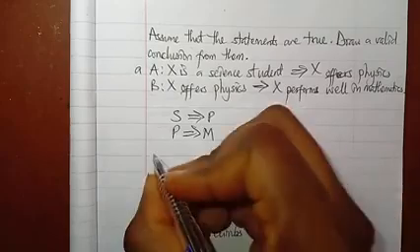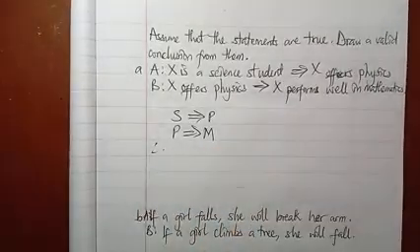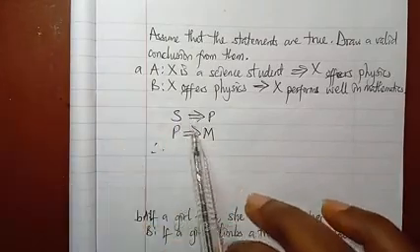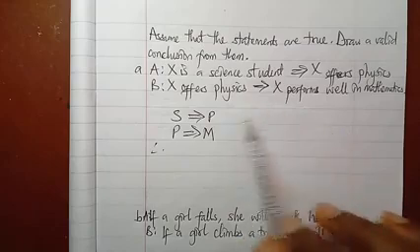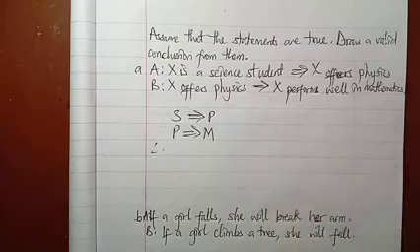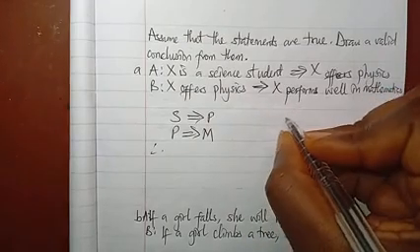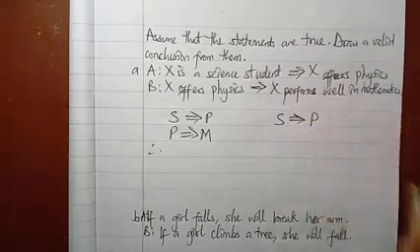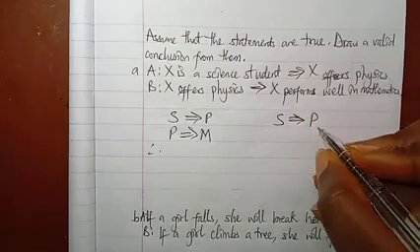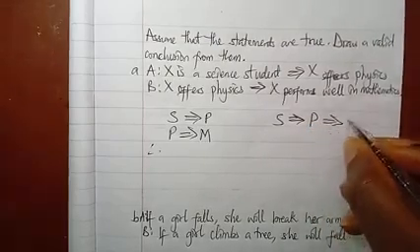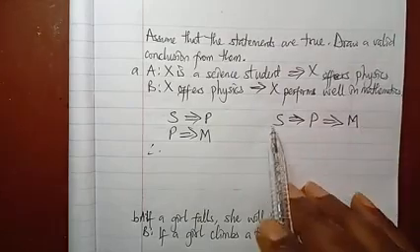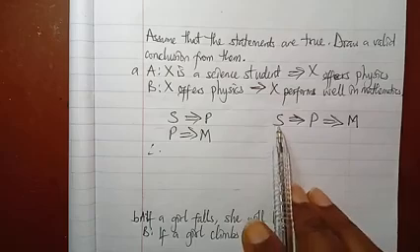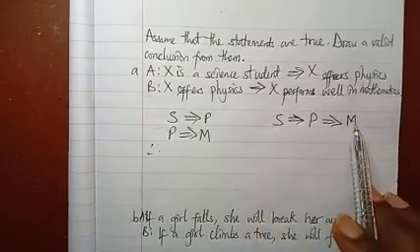We've been told to say, therefore, what do we now conclude? Let's have our chain rule. Let's have these two premises in a chain so we can see what valid conclusion to draw out of it. A science student implies that you offer physics, and if you're offering physics, it implies that you are good at maths. So we can already see our conclusion: this first one implies the very last one.